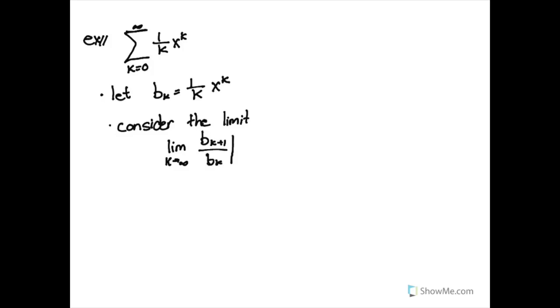And of course, if I just plug it in, this is equal to the limit as k goes to infinity of the absolute value of 1 over k plus 1 times x to the k plus 1, over 1 over k times x to the k.